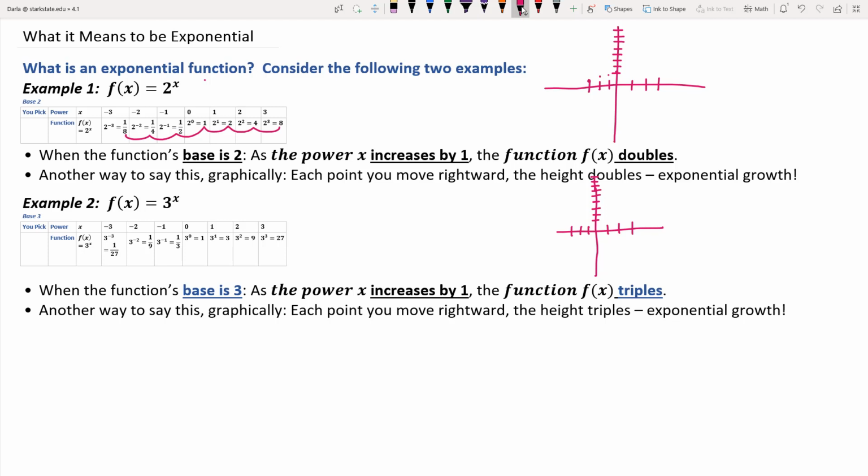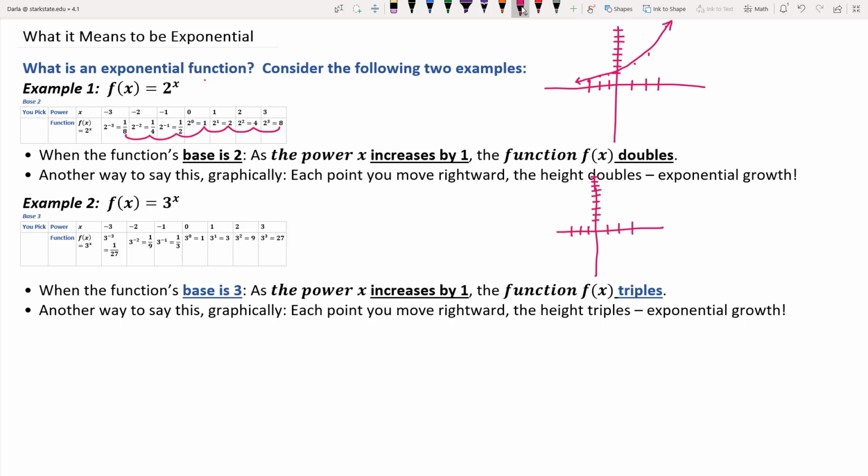And if x is 1, we're at 2. If x is 2, we're at 4. If x is 3, we're now at 8. So you can see as we go along, as x gets bigger and bigger, we continue to double, so the growth is more significant as we go rightward. And that's what it means to be exponential growth.